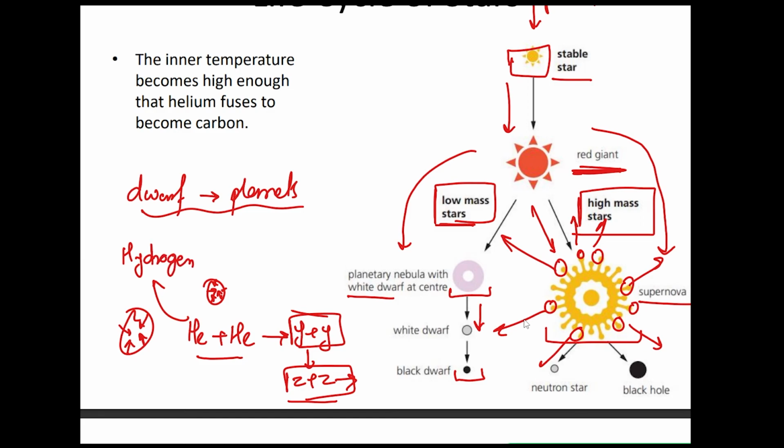So hydrogen kept fusing together to become helium, helium kept fusing to become something else, that daughter particle kept fusing to become something else, so on and so forth. So we find heavier atoms of the periodic table, and we find their source to be supernova, right?